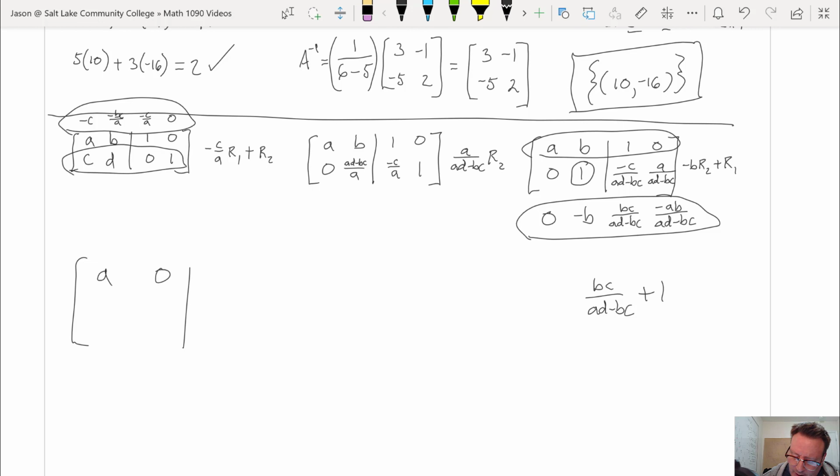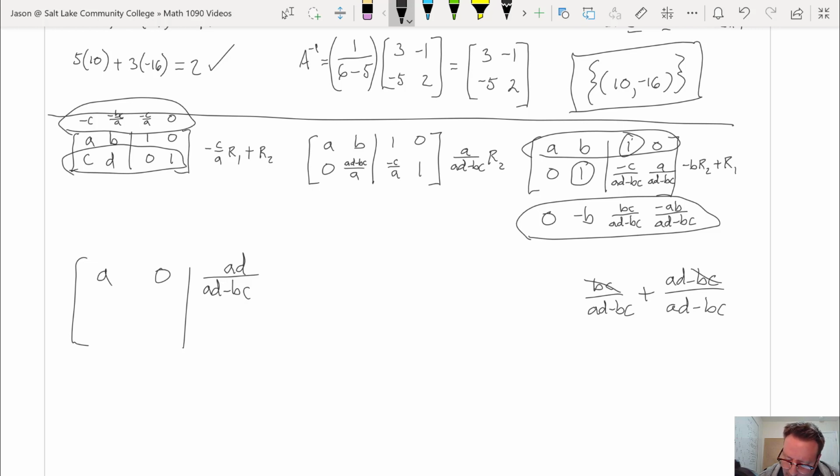So I can rewrite this 1 as AD minus BC over AD minus BC. And now when I add these two fractions, the BC terms will cancel, and I'll just be left with AD over AD minus BC. And that will go into this spot right here.